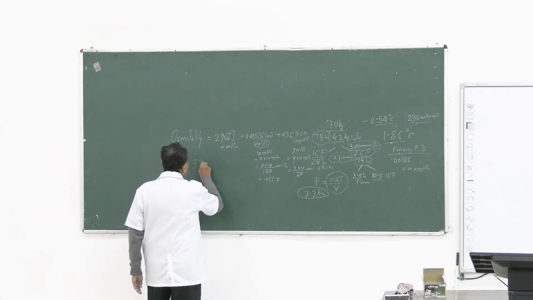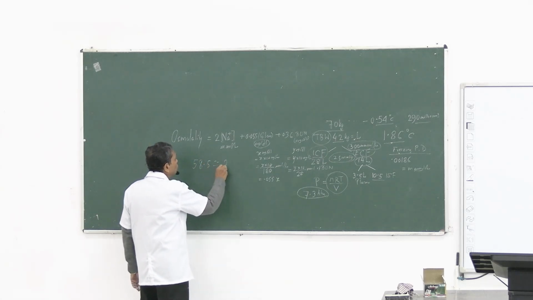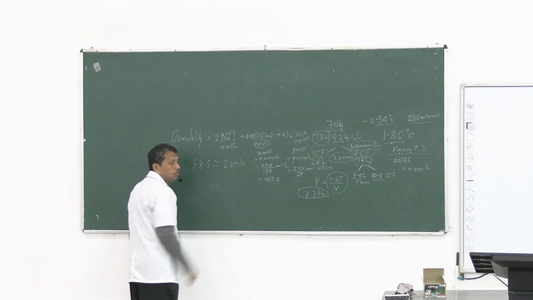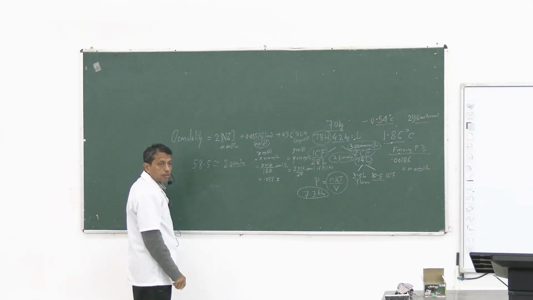Sodium chloride, roughly you can consider as 58.5, and roughly it is 2 osmoles. Clear?